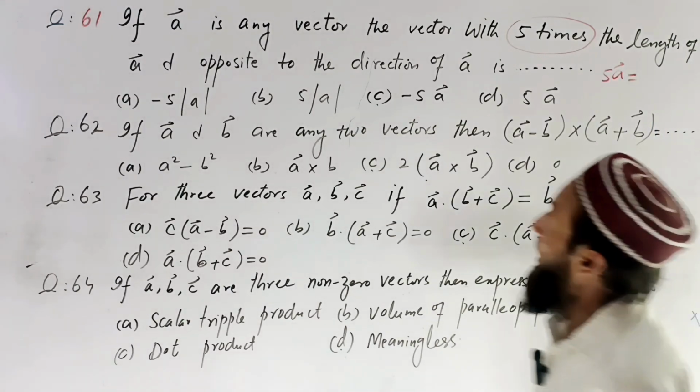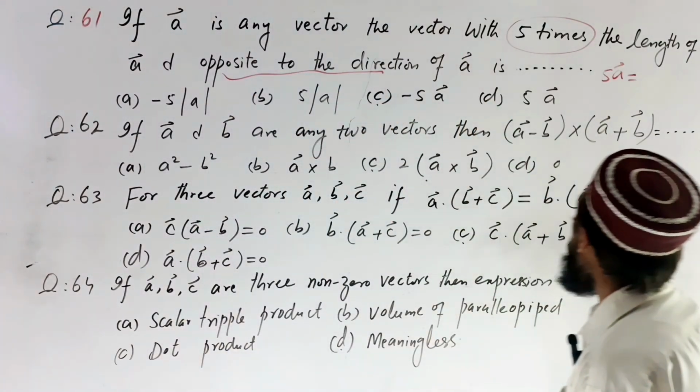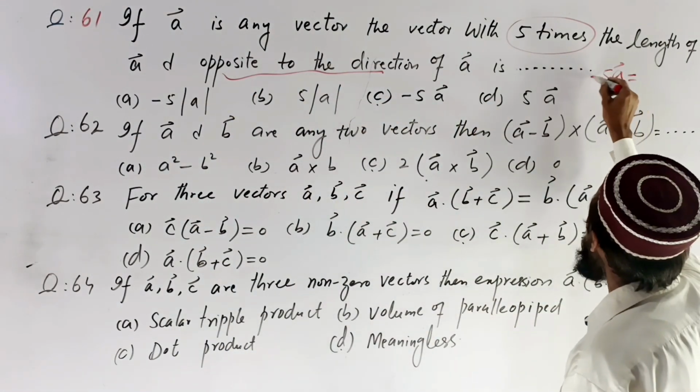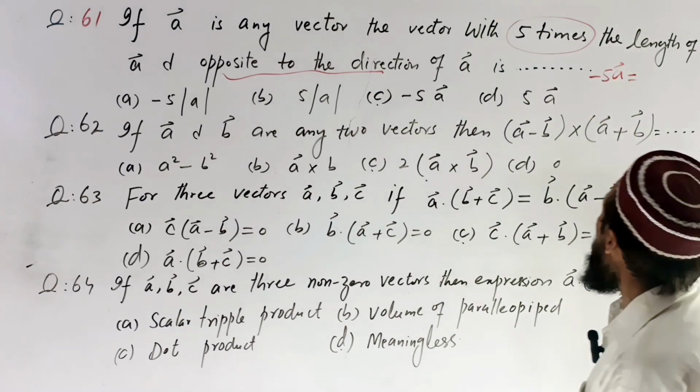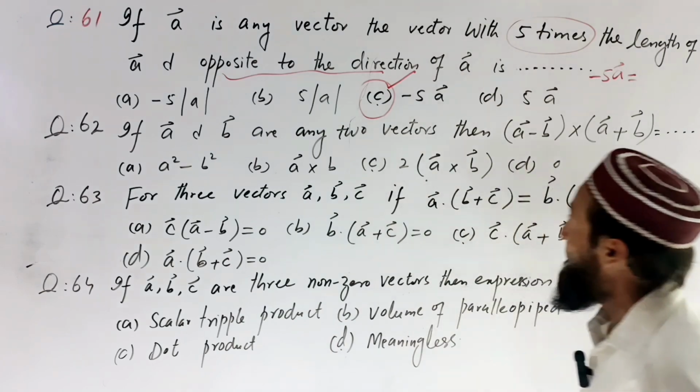In the opposite direction of the given vector, it means minus 5. So the given answer is C, the correct answer.